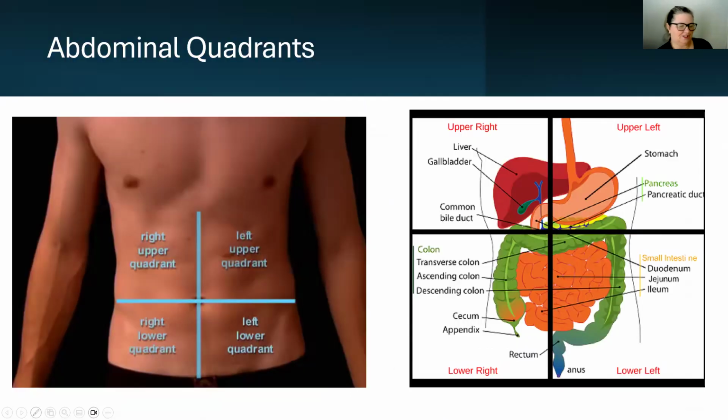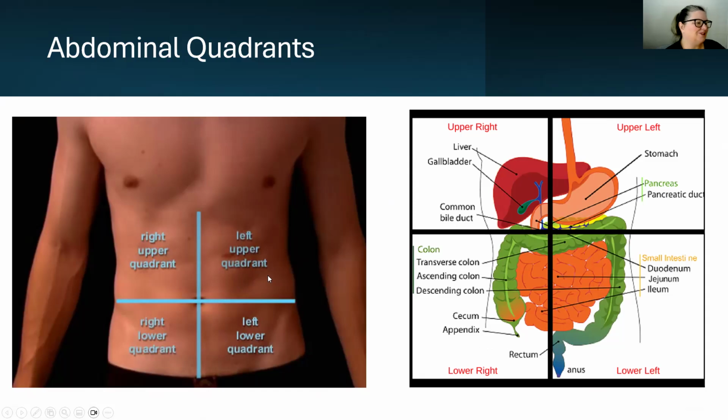We also have quadrants that we divide the abdominal cavity in. And again, this just further solidifies what I said about your patient's left and right. As you are looking at this, you're like, wait, that's the right. No, that is your right. That is his left.